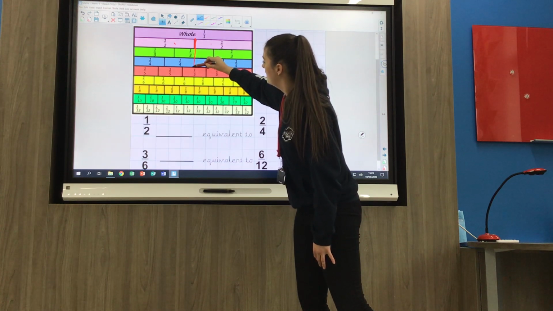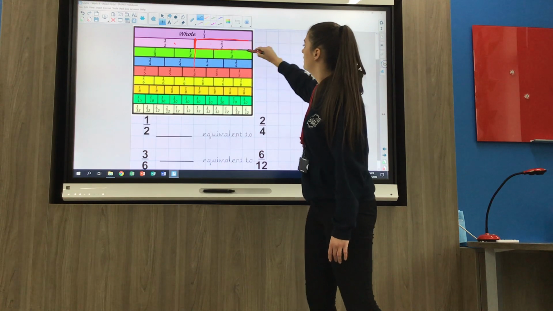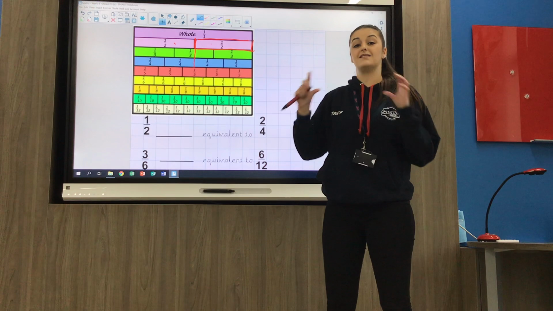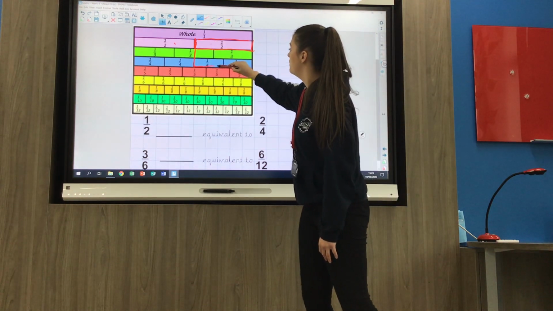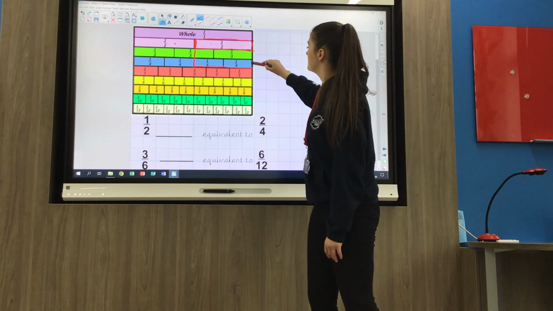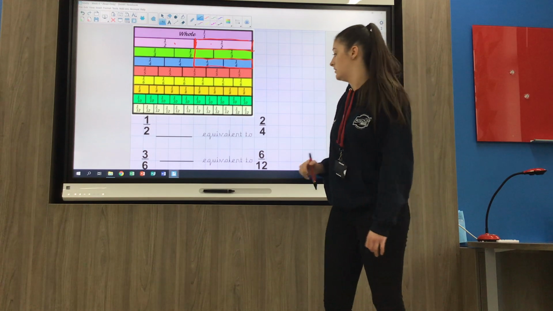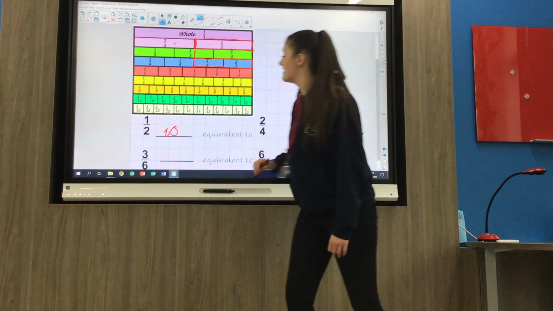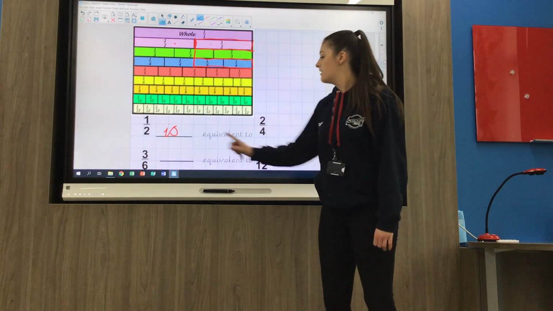If that's the whole box of the half, if it's equivalent, the 2 quarters has to be the same size. And if we follow that line down, there's 1 quarter. There's another quarter. We know 1 quarter add 1 quarter is 2 quarters. So I'm going to write it is equivalent. It is worth the same. Okay?